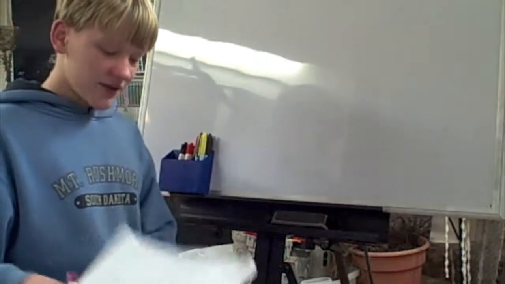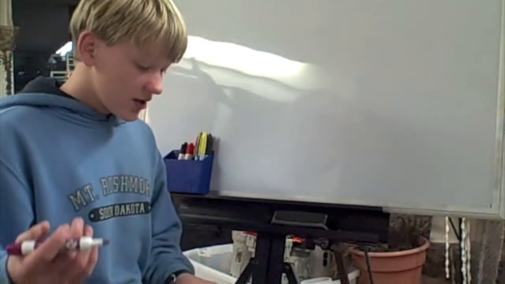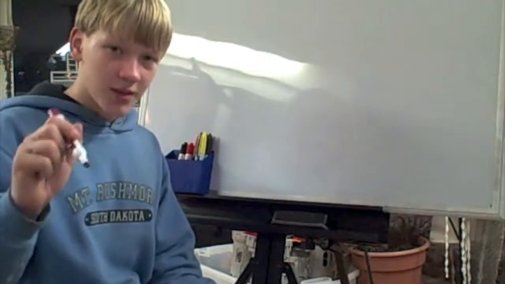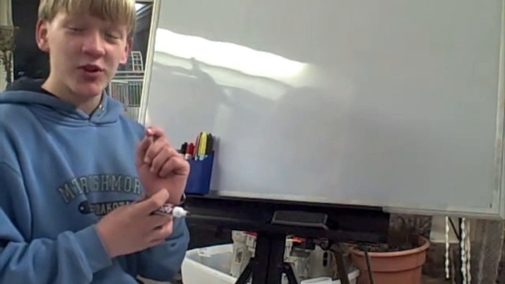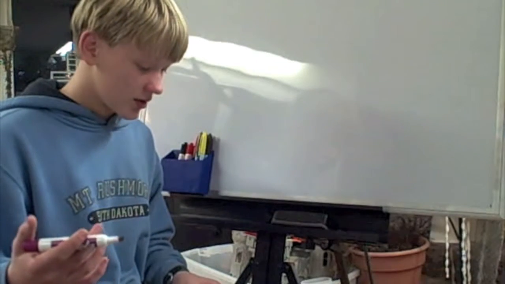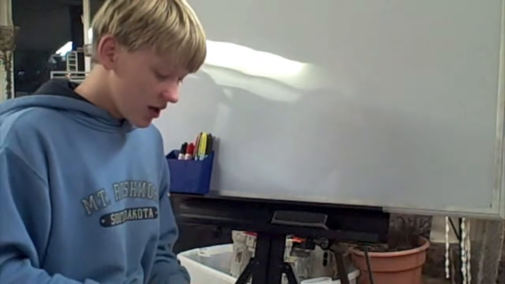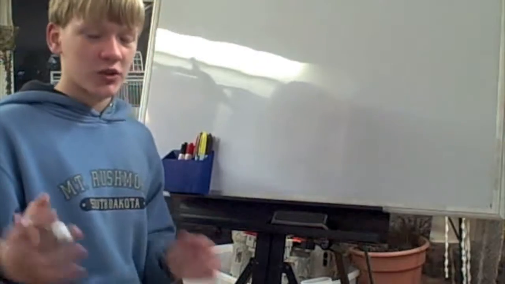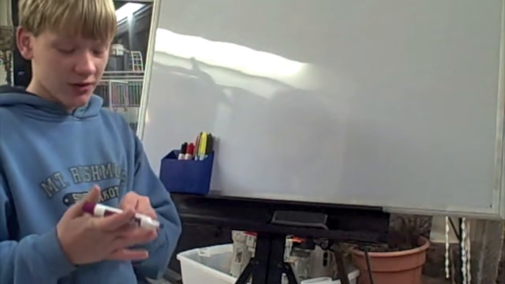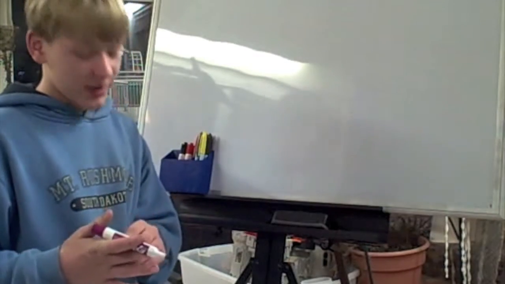And then after you've done that, if it is needed, you multiply top times the top, or numerator times numerator, and bottom times bottom, or denominator times denominator. Then once you have your answer, you simplify, if needed. If it is already simplified, you do not simplify, because it is not needed.